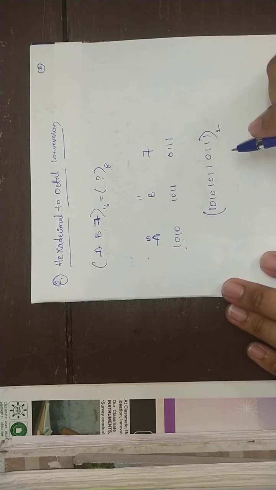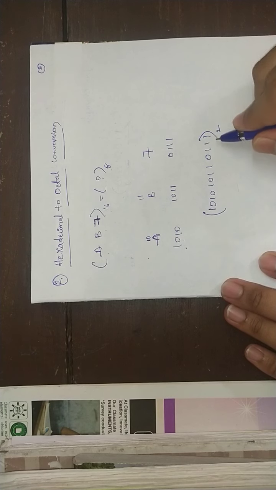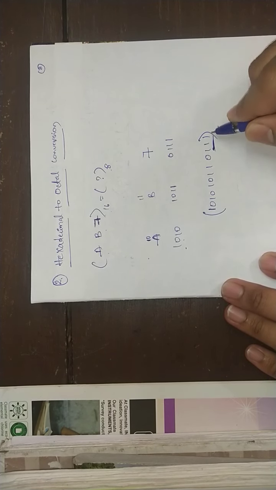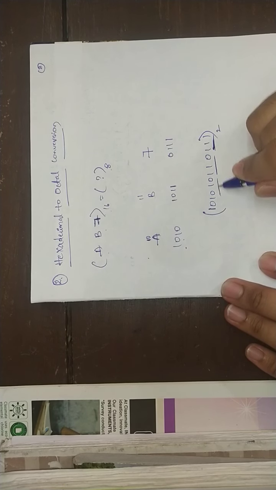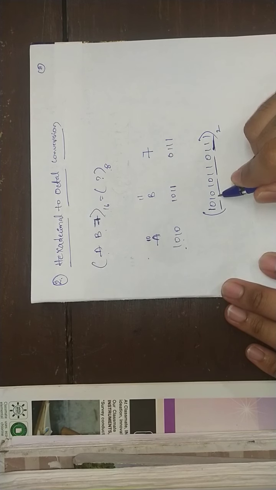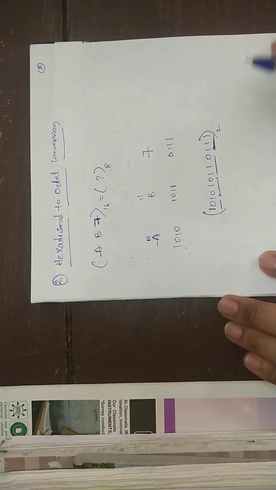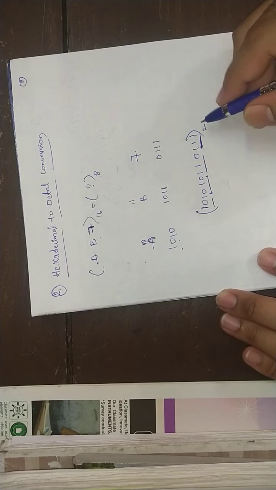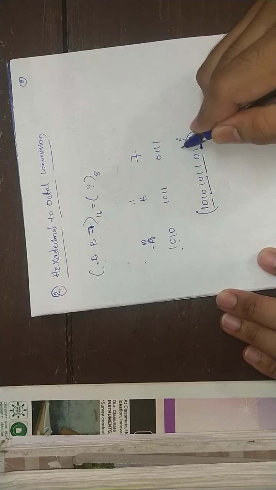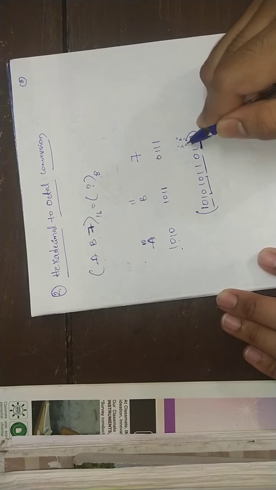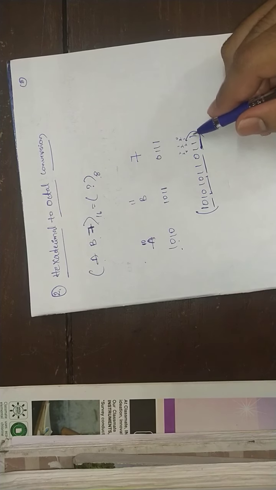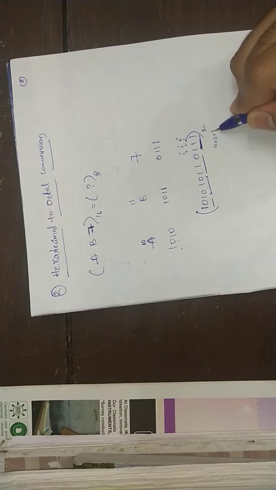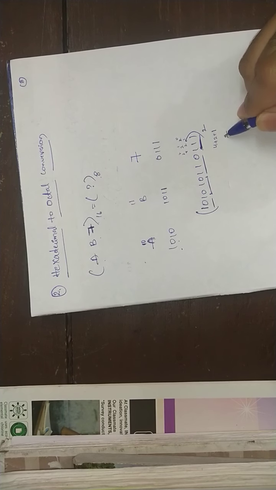Now you have to convert it to octal. In octal you take groups of 3 digits from the last. Its values are 2 power 0 is 1, 2 power 1 is 2, 2 power 2 is 4. Now 4 plus 2 plus 1, its value is 7.